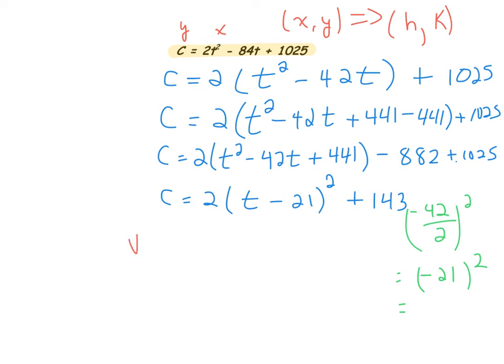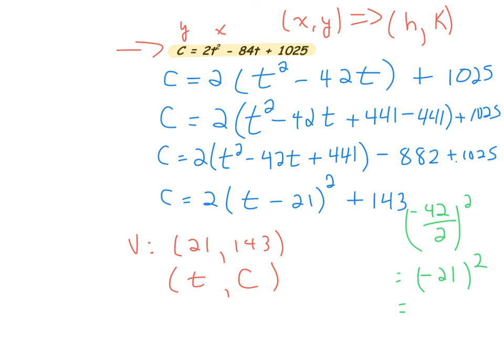So for our vertex here at 21 and 143, we can match it up to the variables that we see in our equation. So in other words, the 21 represents T, and the 143 represents C. And so by matching those up, that allows us to easily reflect on what the meaning is for each of those values.